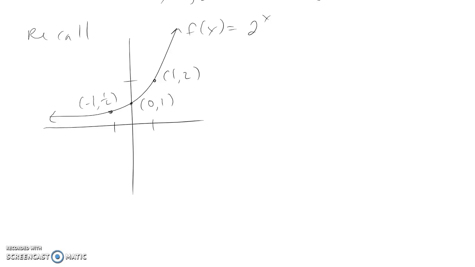So if we're going to look at the logarithm with base 2, what we want to do is flip that over the line y equals x because it is the inverse function. It's then going to go through points (1, 0), (2, 1), and (1/2, -1). I'm just flipping all the x and y values. All right, here it is.